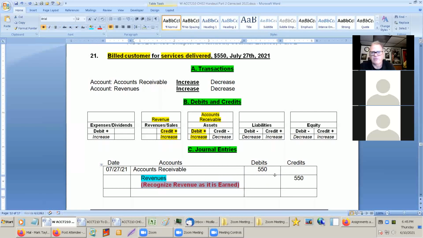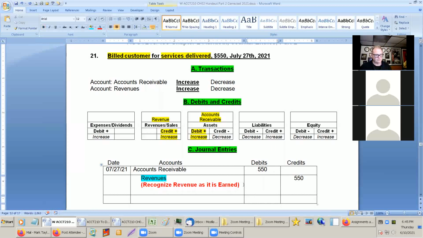The cash might not come in for a month, but you're going to count it as revenue right now.